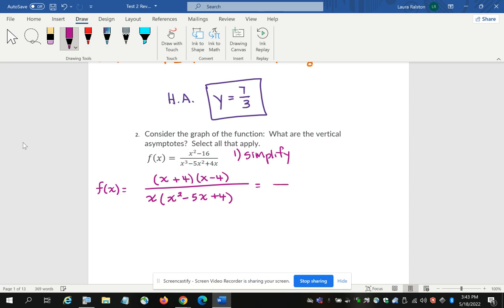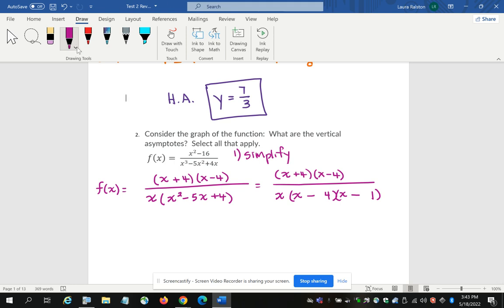Then I need to factor that trinomial. I need a pair of numbers that multiply to 4 but add to 5. I believe that is 4 and 1, both negative, so x minus 4 and x minus 1.